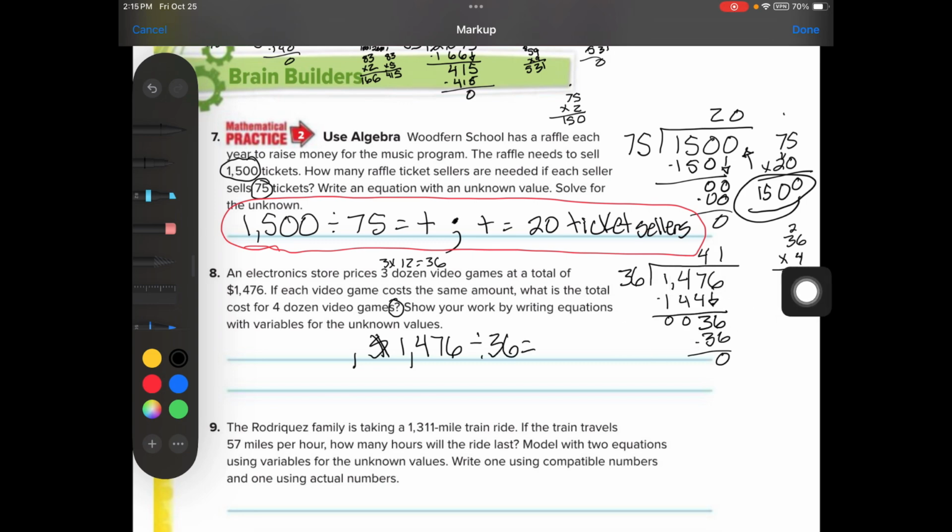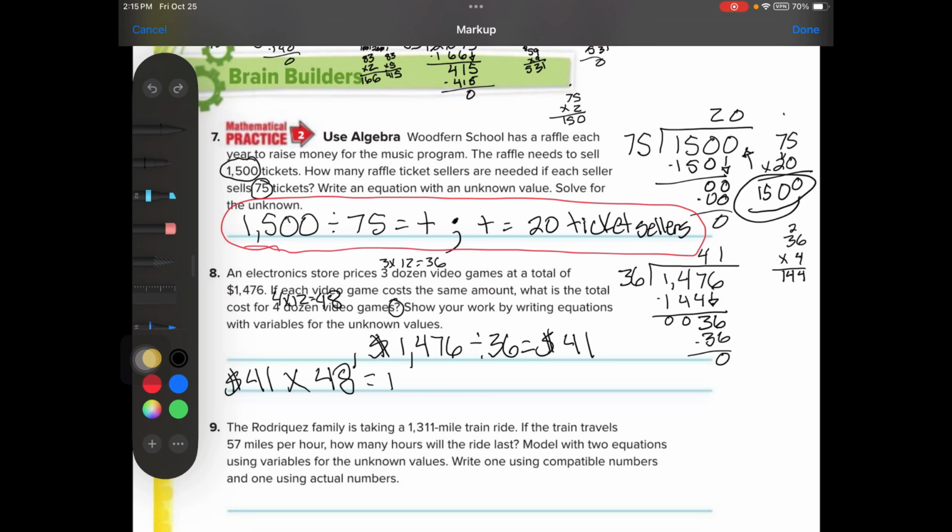And that equals $41 a game. Now, we need to figure this part out. 4 dozen. That's like saying 4 times 12. That equals 48. So our next equation we're going to write is $41 times 48, which is the 4 dozen video games. And we need to figure out how much money that is. We're going to say it equals T.